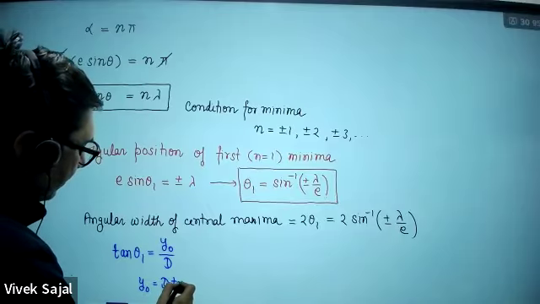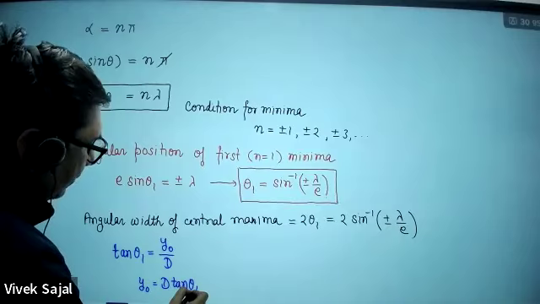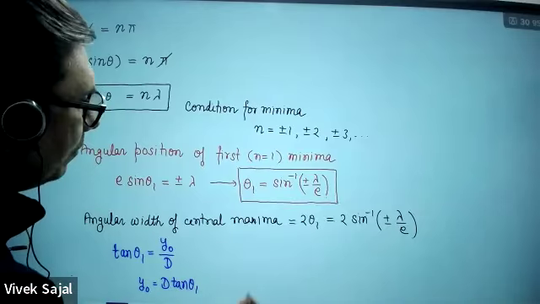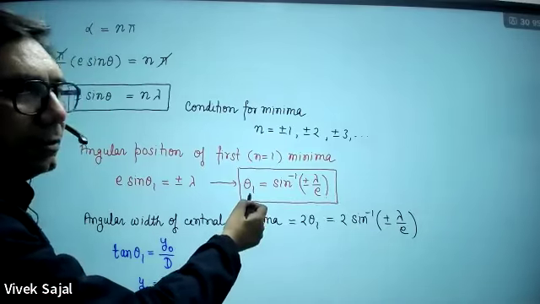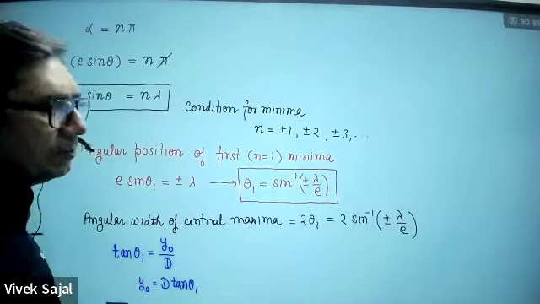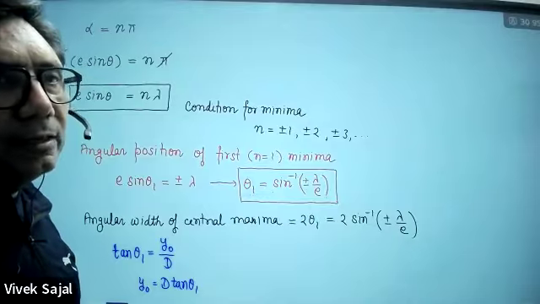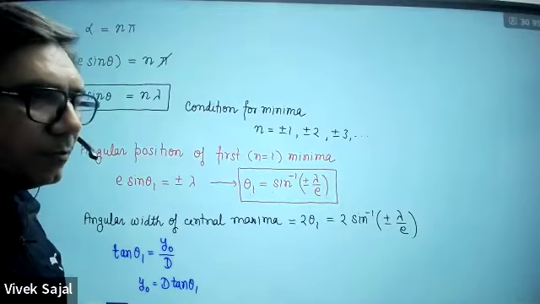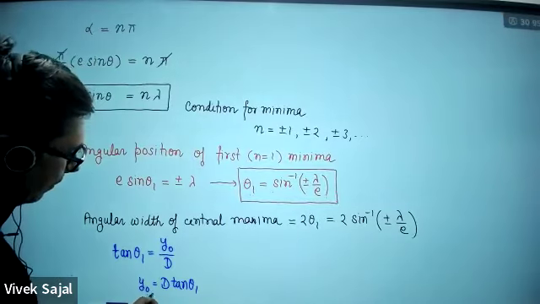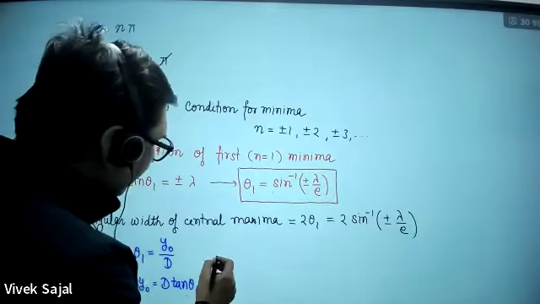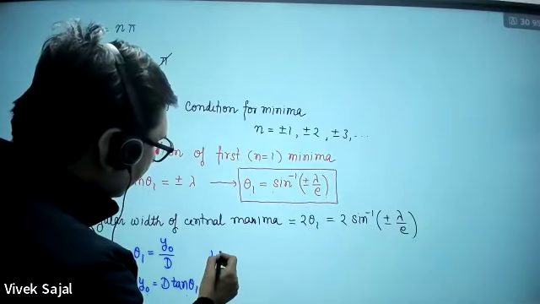Theta 1. From here you can find out theta 1. They will give you some value, you will find out this theta 1. It may be 15 degree, 20 degree, 30 degree, something like this. So this Y naught will be this. So what will be the linear width of the central maximum?